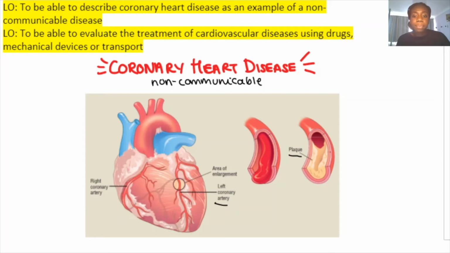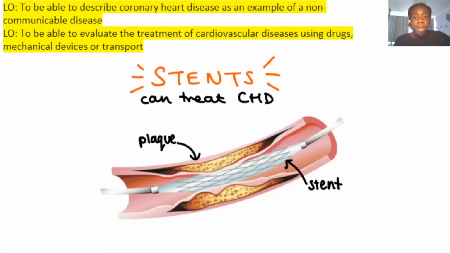Devices known as stents are a really useful way to treat the blockage of vessels, for example, in coronary heart disease. So a stent is essentially a metal mesh tube which is inserted into an artery to kind of prop it open so it can have full blood flow.